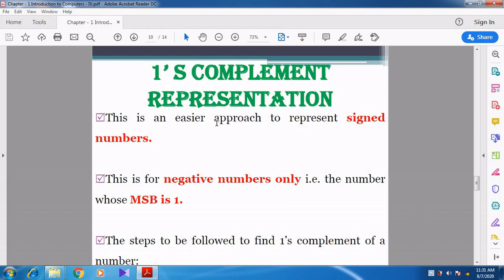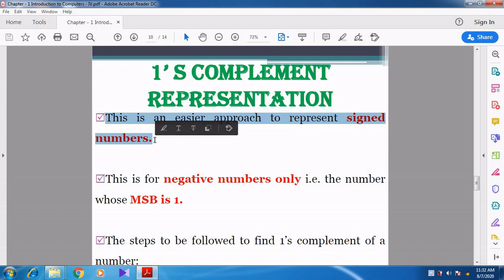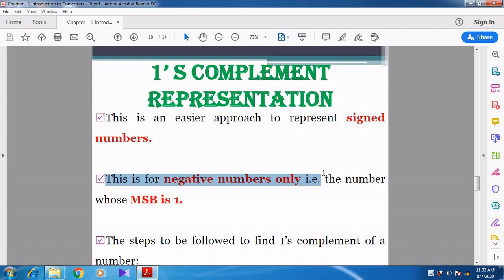Right. Now we are going to see the next method, ones complement representation. This is an easier approach to represent signed numbers. This is for negative numbers only, that is, the numbers whose MSB is 1.